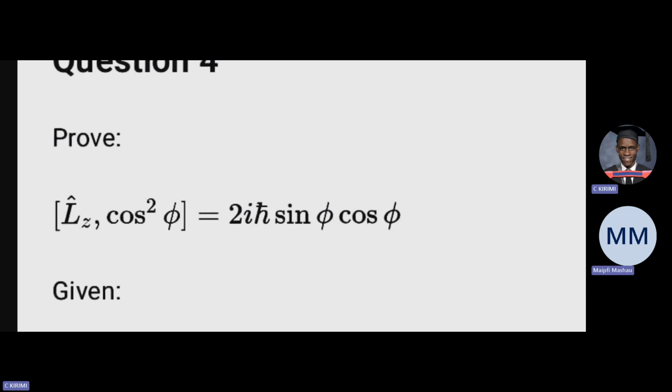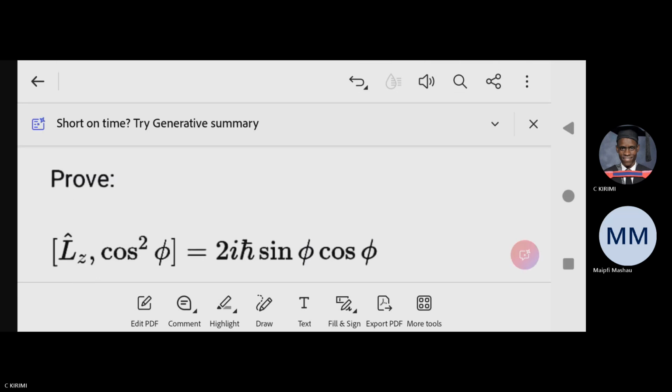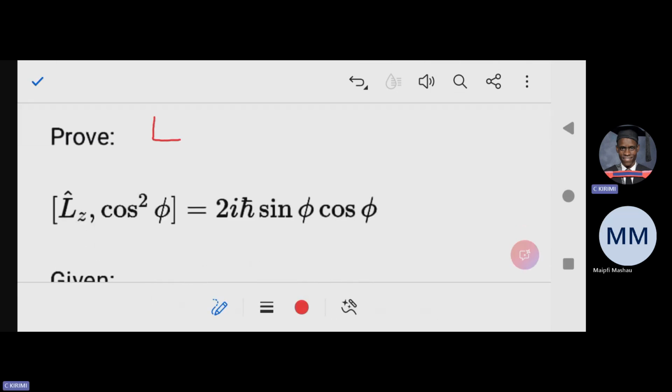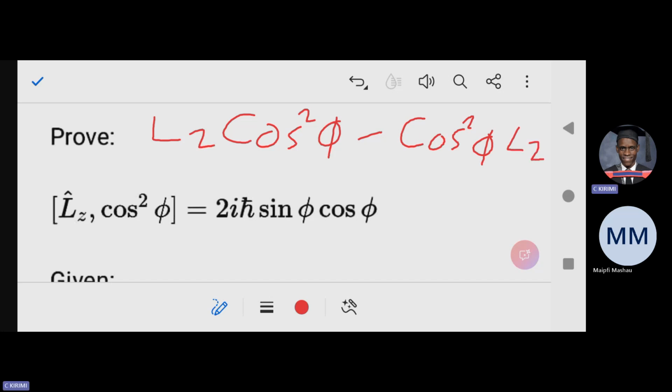So whenever you see an expression which can be written like this, LZ multiplied by cos squared phi, minus cos squared phi multiplied by LZ, like that.